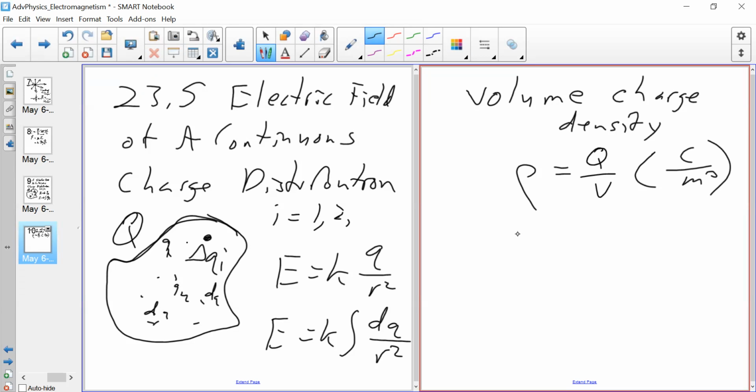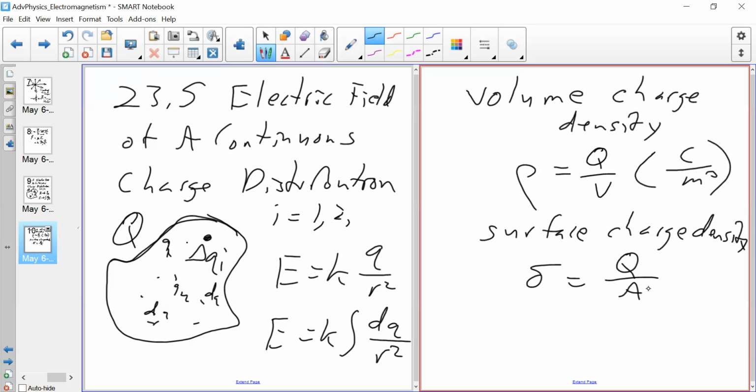And then we have what you call a surface, I typically call it area charge density, or surface charge density, which would be denoted by sigma, which is Q over A. And then we have a linear charge density, which is denoted by lambda, which is Q over L. So depending on what type of shape it is, we get our different dqs.